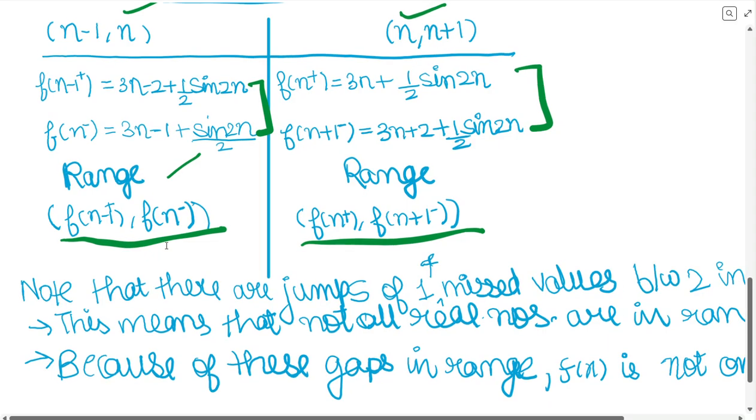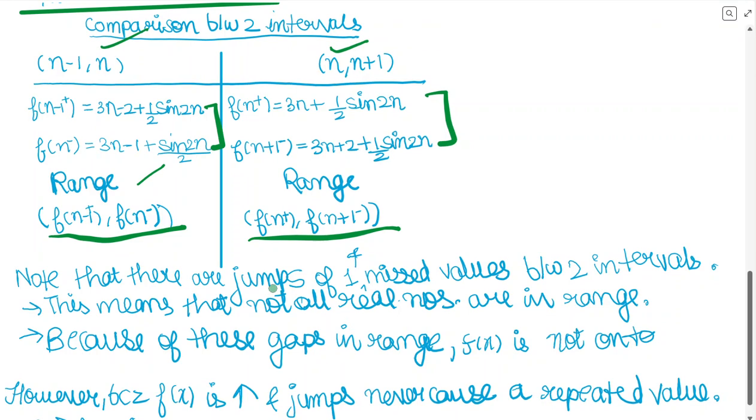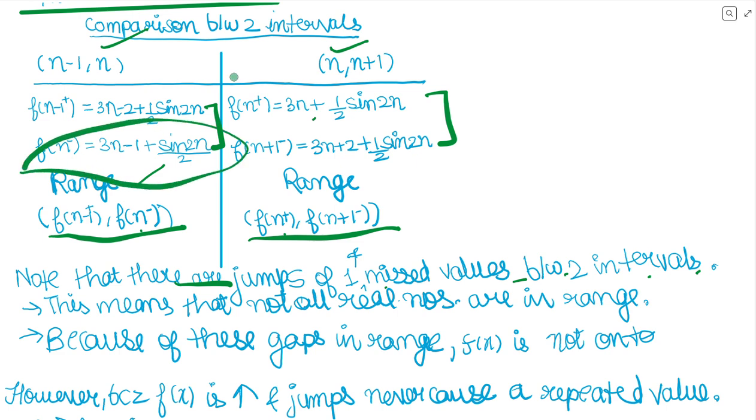So we are getting the range as these two terms in this case, and these two terms in this case. Now it is interesting to note in this comparison that there are jumps of one and missed values between two intervals, right? After f(n), when we look at f(n) plus, we can see there is a difference of plus 1. See this thing and this thing.